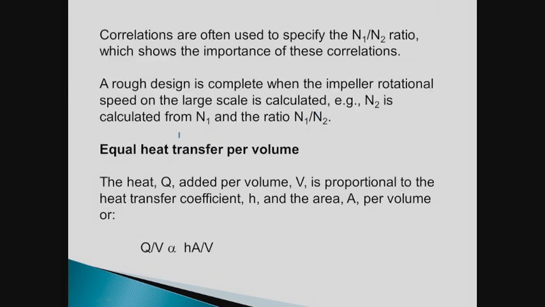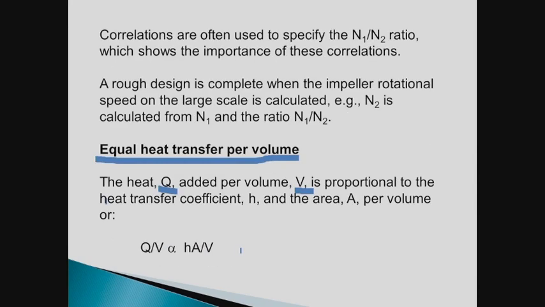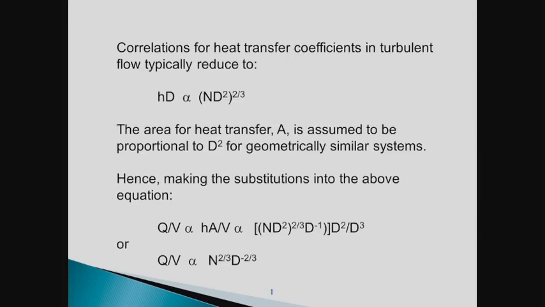So let's rush ahead here. We're looking for equal heat transfer per volume. So equal, that's heat flow rate maybe. Heat flow per volume is proportional to the heat transfer coefficient times area divided by volume. The delta T's have been canceled out here, so to speak. The delta T is going to remain constant on scale-up, so we just simply dropped it out.